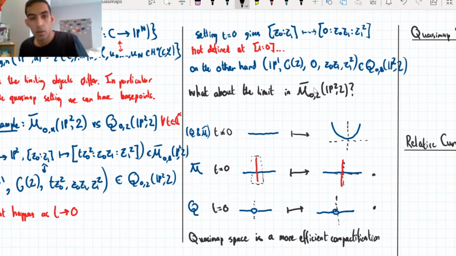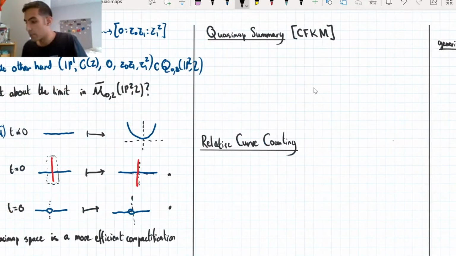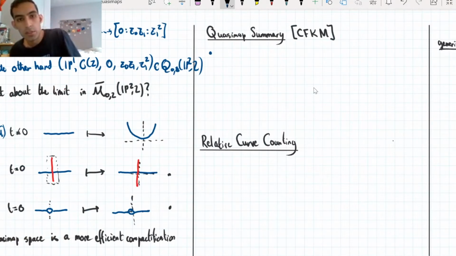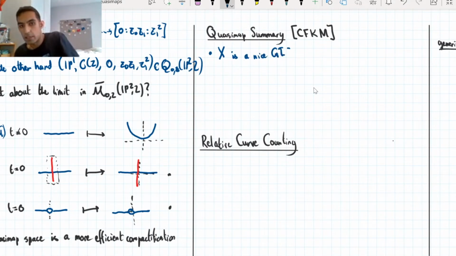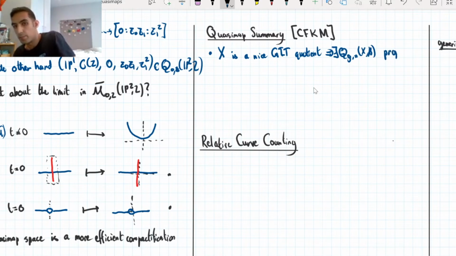Okay, so maybe just some summary guide to Quasimaps. So if X is, we focus on projective space, but whenever X is a nice GIT quotient, maybe a toric variety or something, then you get some moduli space of Quasimaps, which is proper.